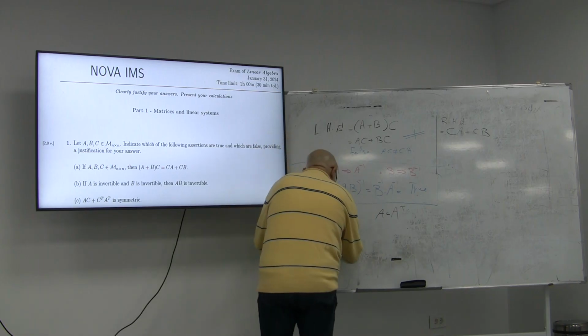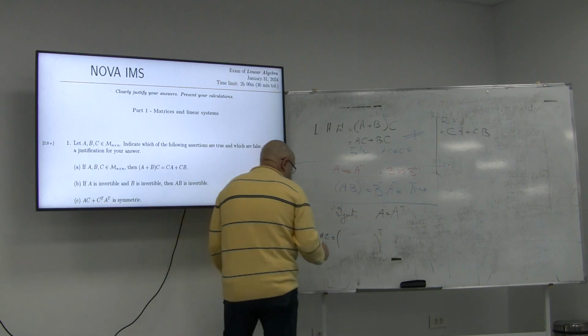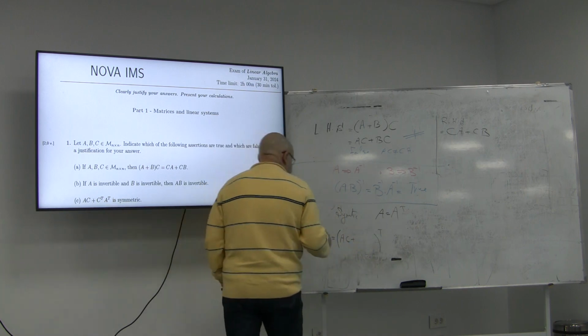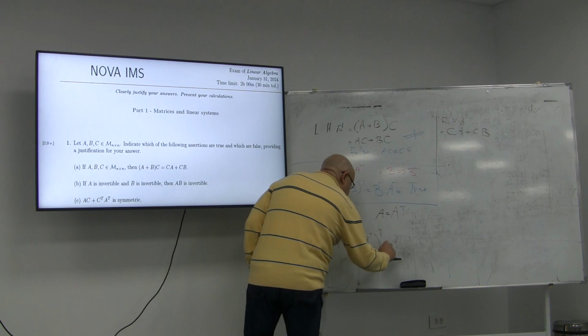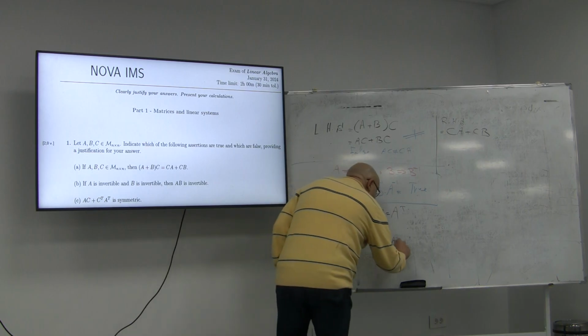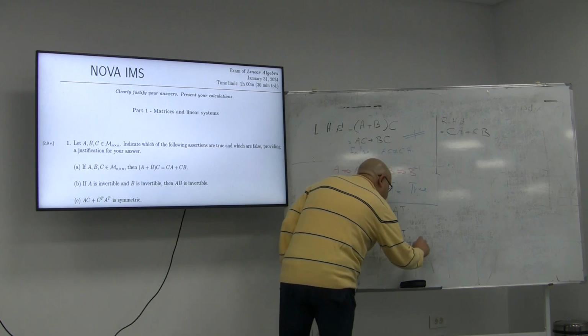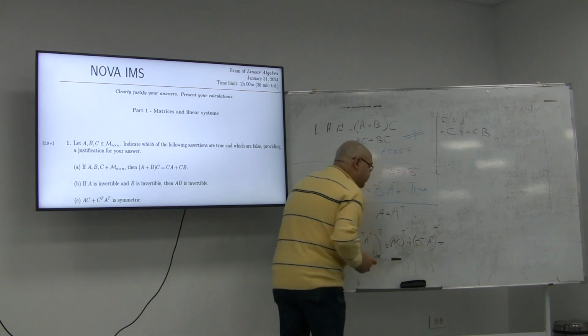I'm going to take the transpose of these values, which is AC plus C transpose A transpose, which is going to equal the transpose of AC, both of them transposed, then plus the transpose of C transpose A transpose, the transpose of both of them.